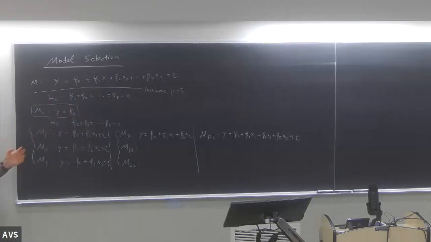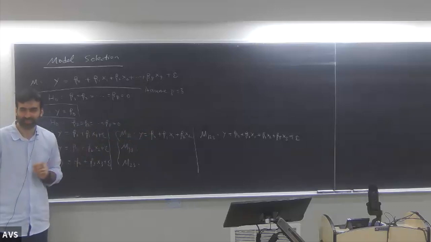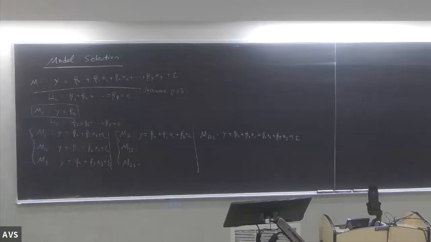The more general idea is that I look at all possible combinations of the covariates, and among all these possible models, I want to choose one. If you try to do pairwise F-tests, we have done something like this, but we won't get to that.